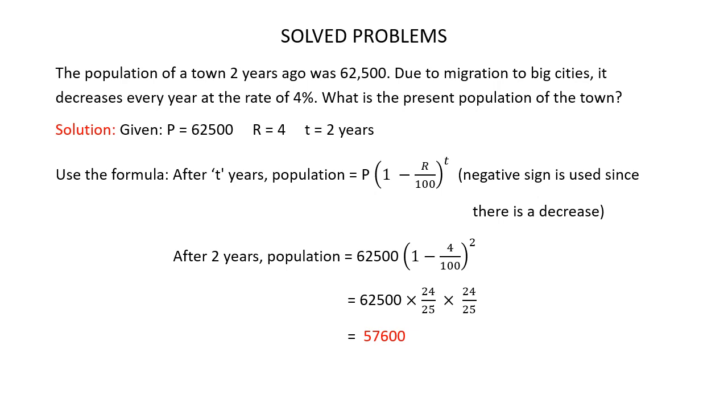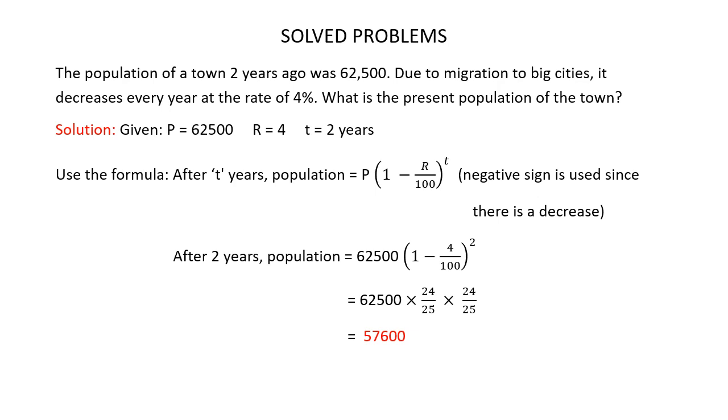The population of the town after 2 years is nothing but the present population of the town. So if you calculate the population of the town after 2 years, you'll get the present population.